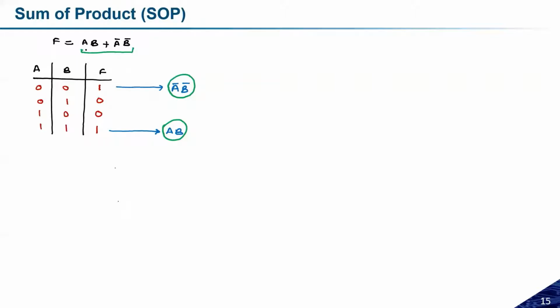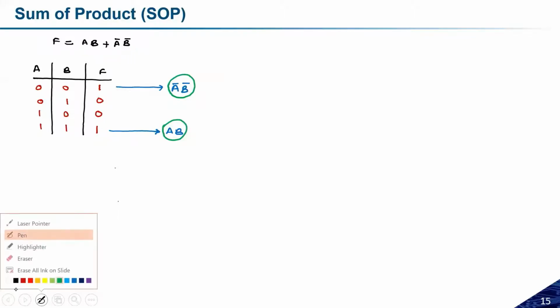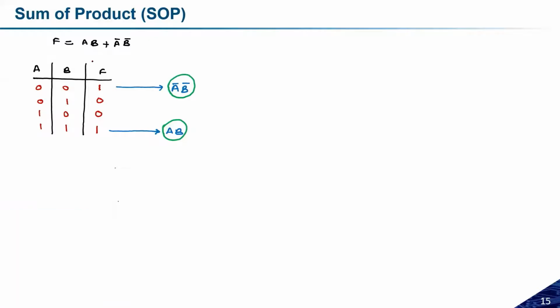I will tell you in more detail. This function f has all the variables which are required. A and b, I have two variables, and in all the min terms, both are present. So I can call this the canonical form. If all the variables are present, then we can call it the canonical form.